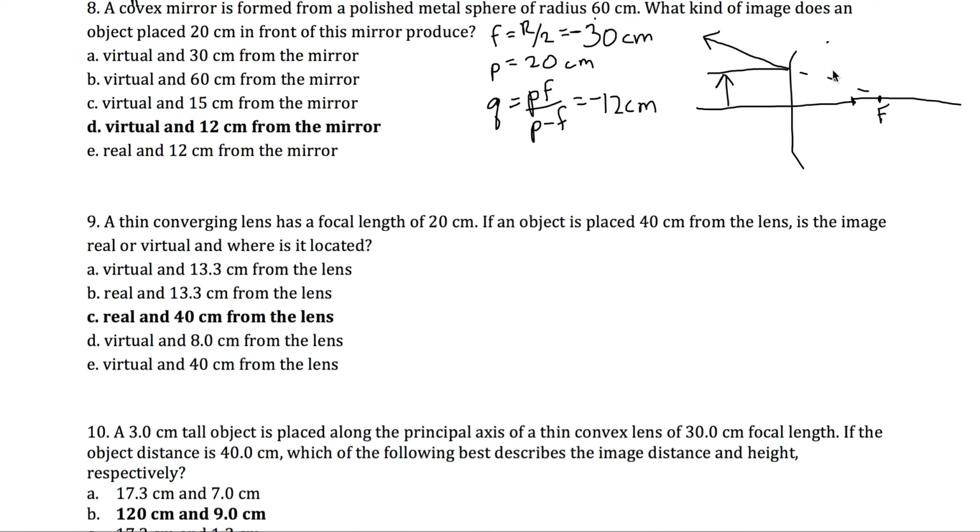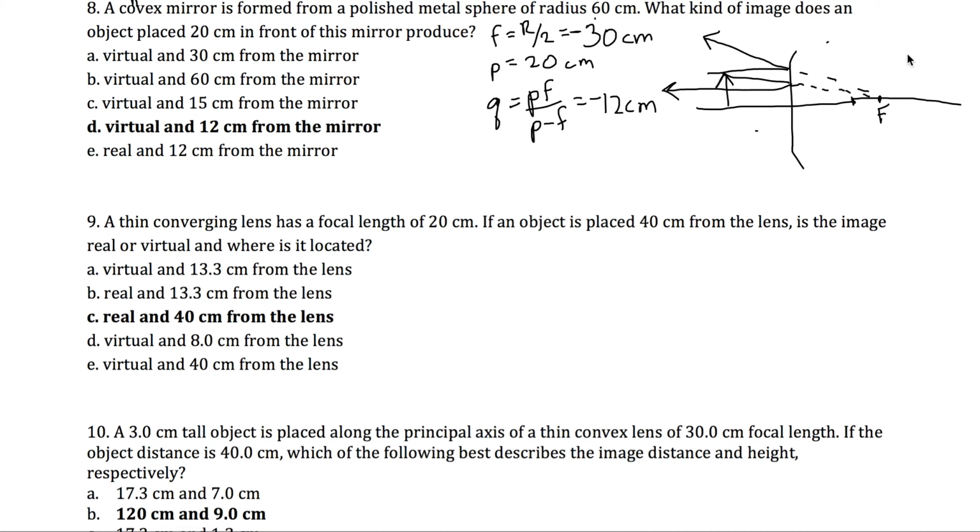And then we're also going to have a line that goes toward that focal point. So if I draw a line this way, that if it went through, it would go to that focal point. But as soon as it hits the mirror, it's going to reflect parallel.